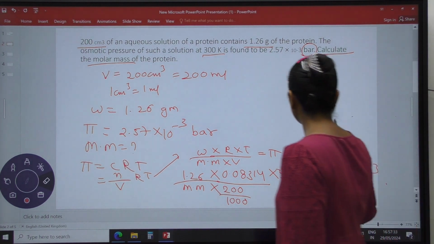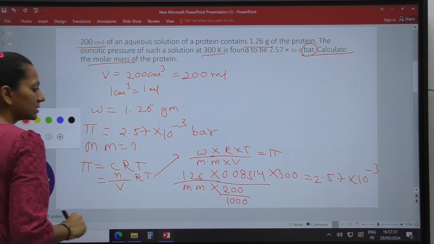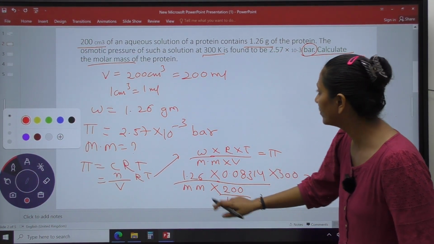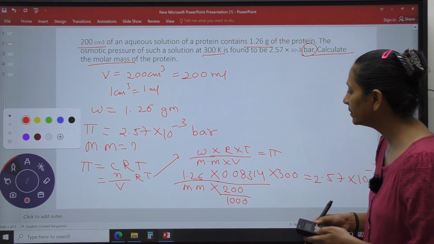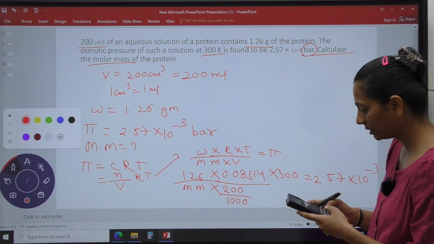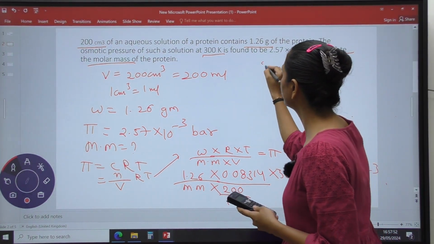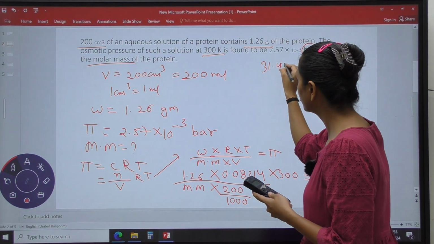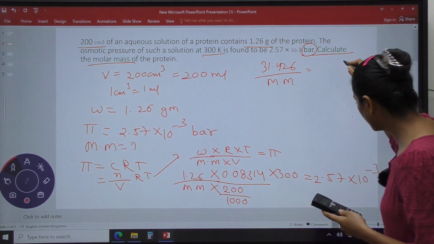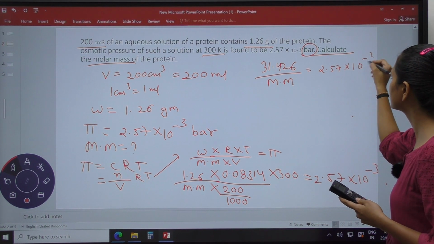Let us solve the numerical part. What will be the answer? If I solve keeping MM as it is and solve the remaining things, 1.26 multiplied by 0.08314 and then multiplied by 300, we have 31.426 divided by MM equal to 2.57 into 10 raised to power minus 3.